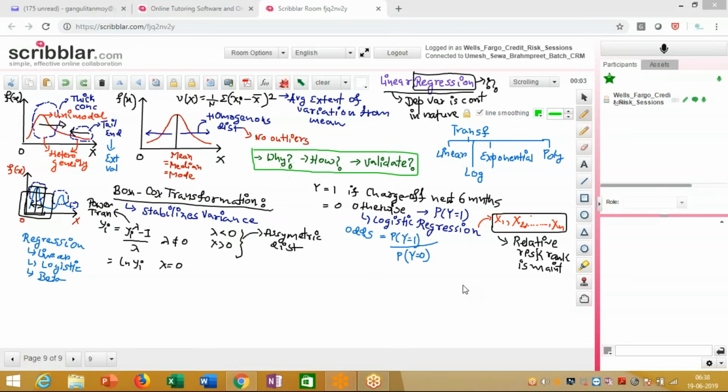Before I start off today's discussion, a very quick thought on the bimodal distributions. If you look at mode as a measure of central tendency, you will see that it considers the most frequently occurring value as a central measure.